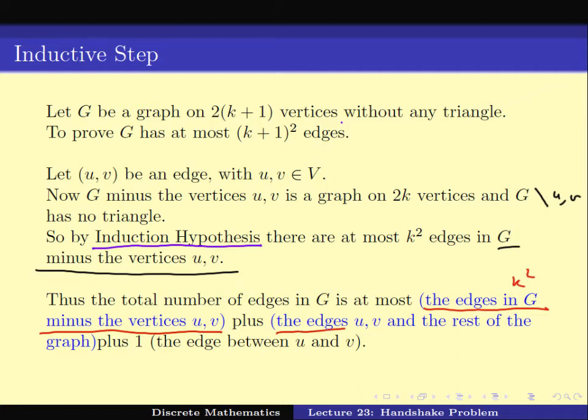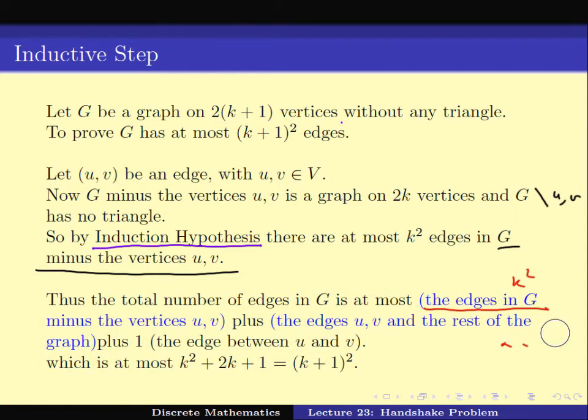The edges between UV and the rest of the graph, in the earlier slide we proved, is 2k. So we have this is at most k square plus 2k plus 1, which is k plus 1 whole square. And hence we have proved what we wanted to prove, for the graph G.